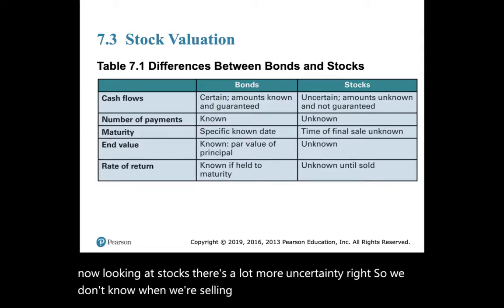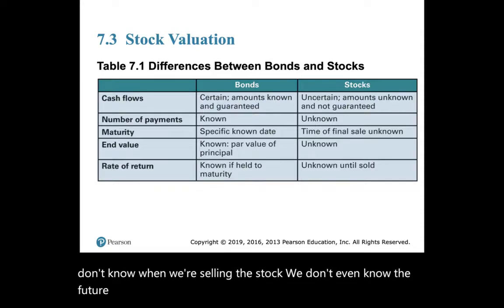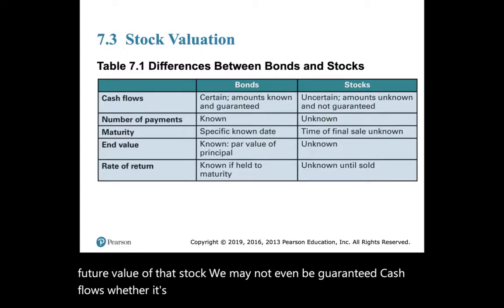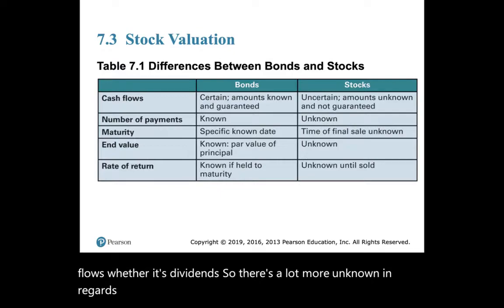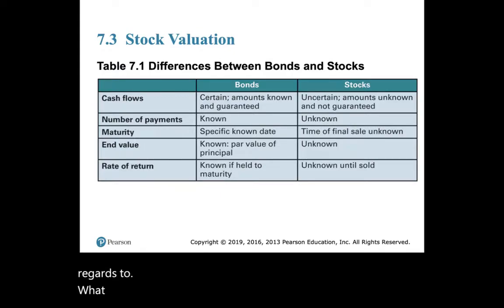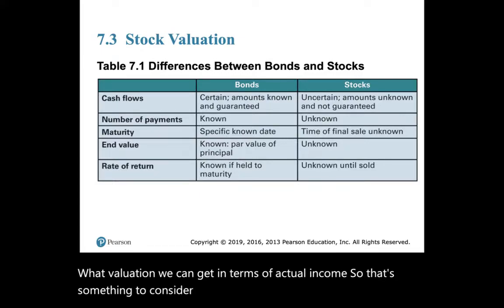We don't even know the future value of that stock. We may not even be guaranteed cash flows, whether it's dividends. So there's a lot more unknown in regards to what valuation we can get in terms of actual income. So that's something to consider, particularly when we start talking more about risk.